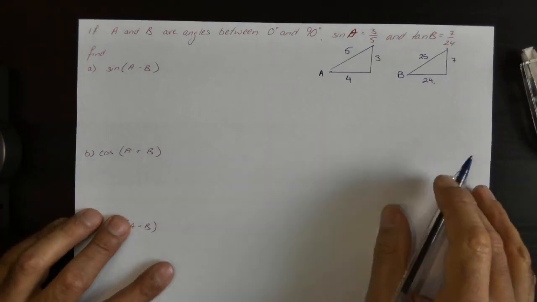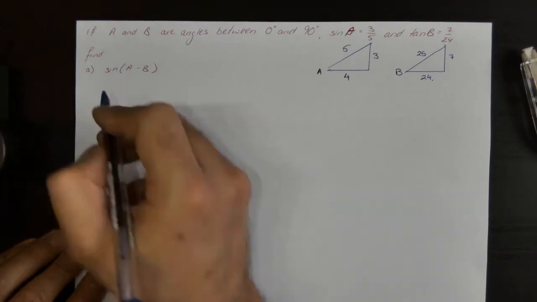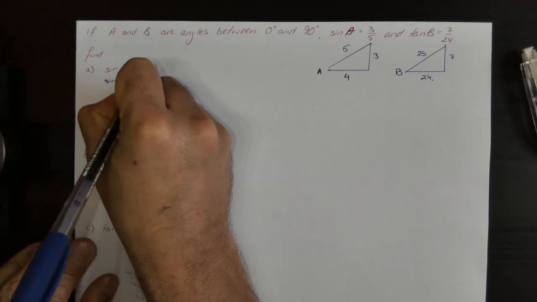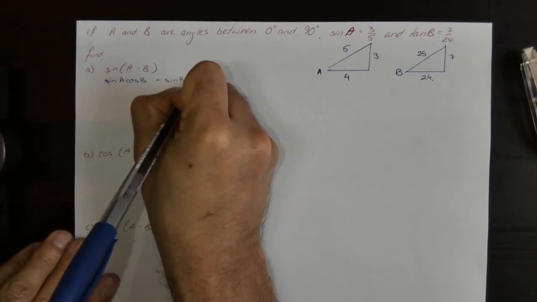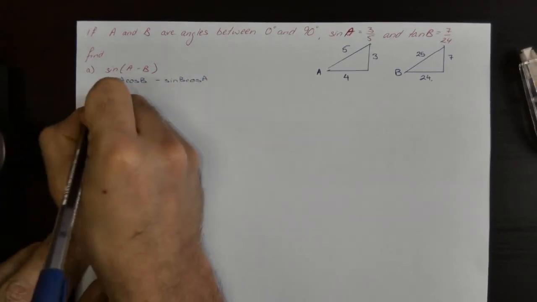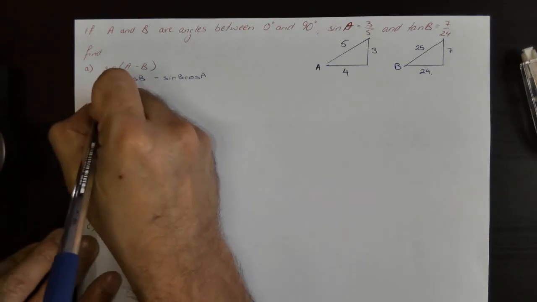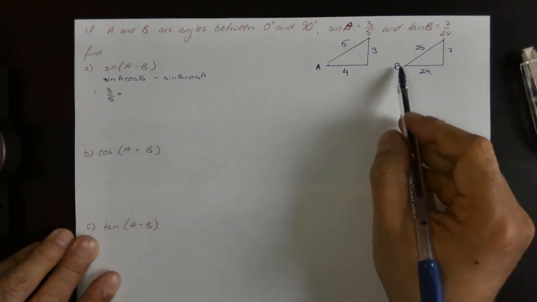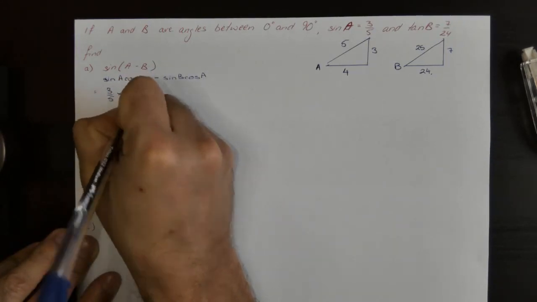So if we want to find sine of A minus B, well, that's sine A cos B minus sine B cos A. Using our triangle, sine A is 3/5. Cos B is 24 over 25.